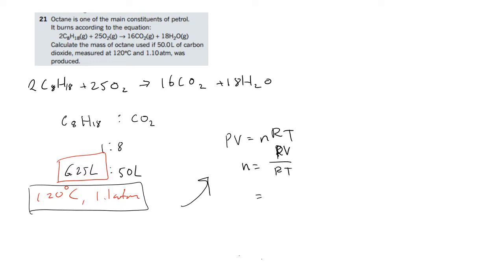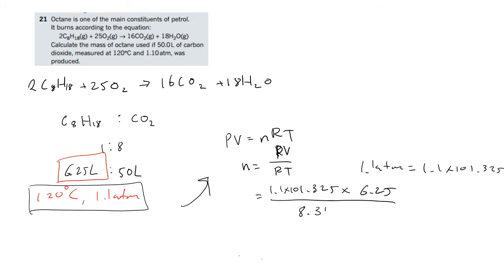P, pressure, 1.1 atm is equal to 1.1 times 101.325 kilopascals. So it's 1.1 times 101.325 times volume, which is 6.25 liters, divided by the gas constant 8.31 times temperature, 120 degrees Celsius, which is equal to 393 Kelvin.